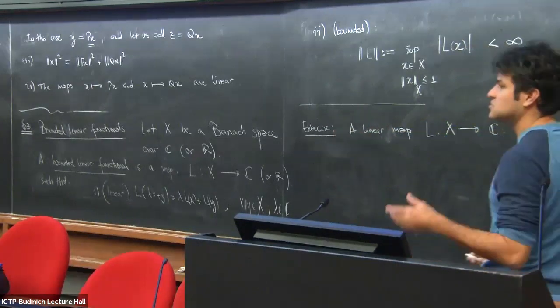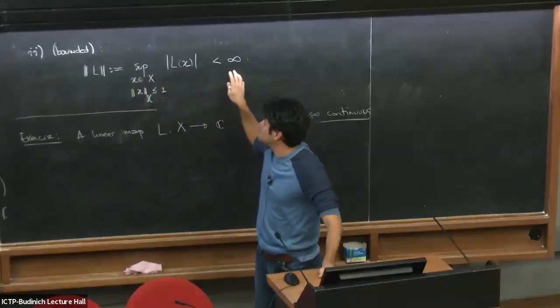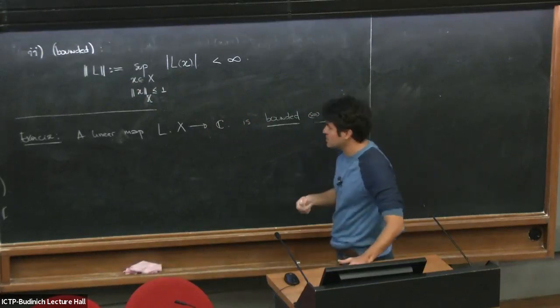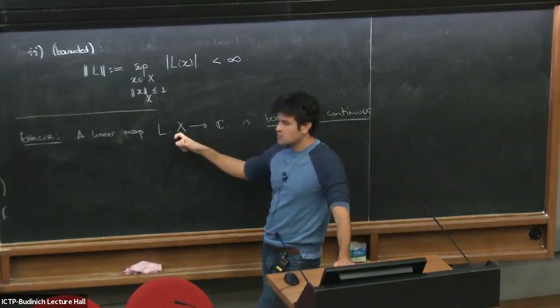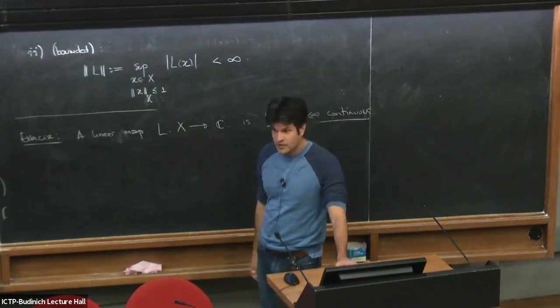So in terms of linear maps, saying that it's bounded, in the sense that this number is finite, is the same thing as saying that it's continuous. The topology in X is the strong topology, the topology given by the norm.